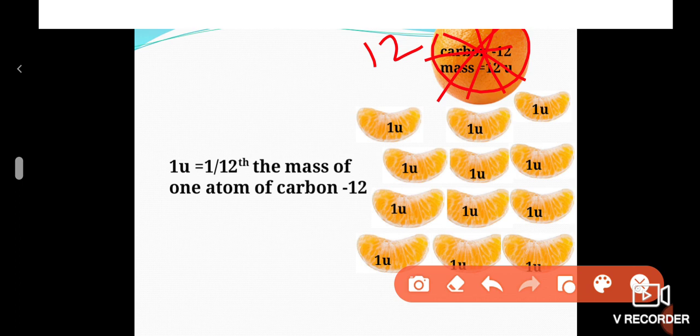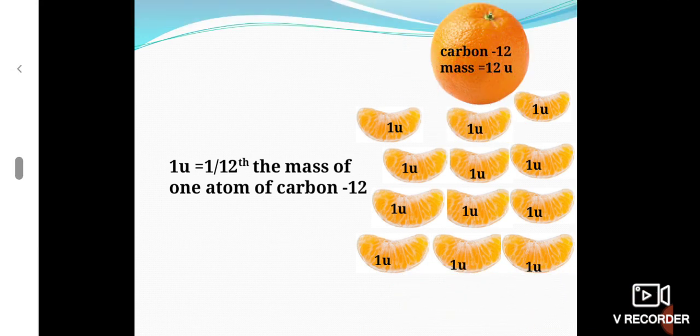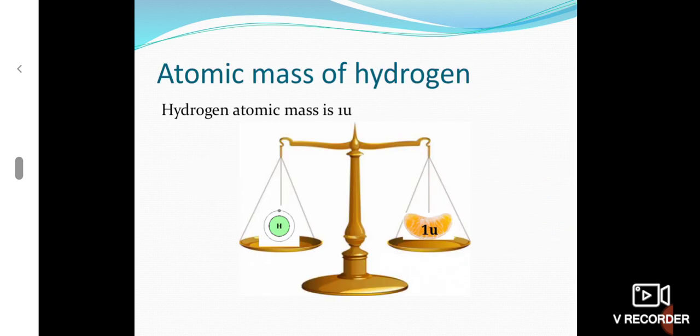So 1 U means what? 1 U is equal to 1 by 12 the mass of one carbon atom. Each piece is equal to 1 unit. Remember this concept: each piece is equal to 1 unit. Let us compare the atomic mass of hydrogen.